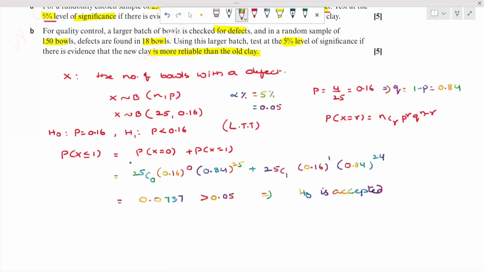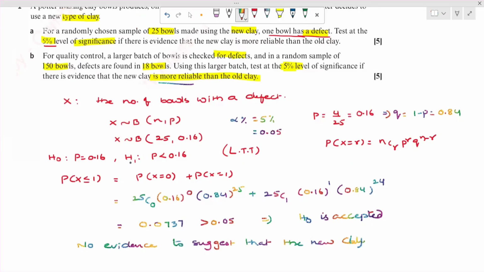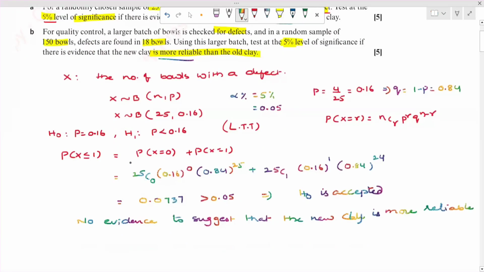So therefore we can say that there is no evidence to suggest that the new clay is more reliable than the old clay.